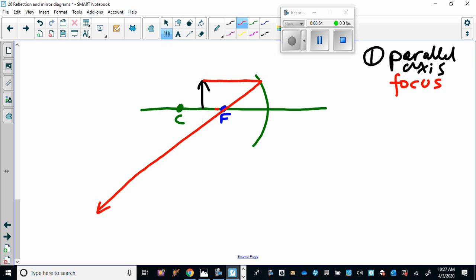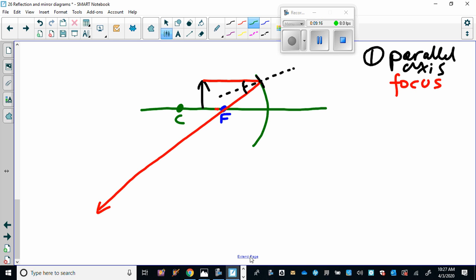And that's just based on the law of reflection, because obviously you're hitting the mirror at an angle, you're not hitting it dead on. So here's the normal at this point of the mirror, and there's your angle of reflection. Angle of incidence equals angle of reflection right there. So that's rule number one.